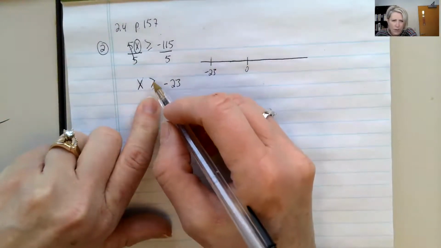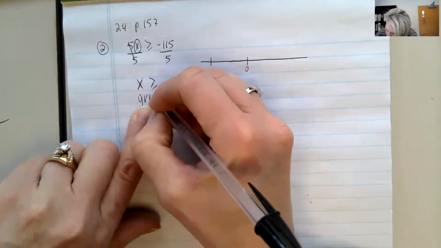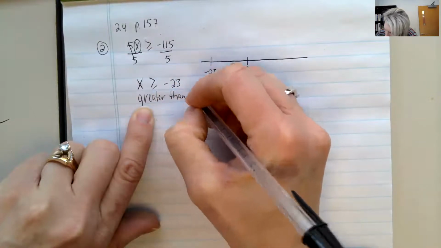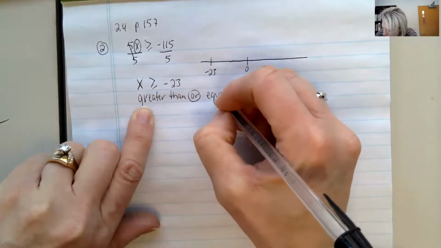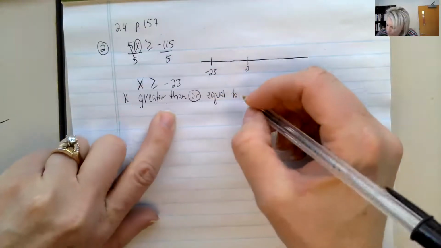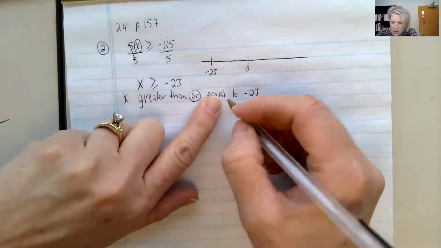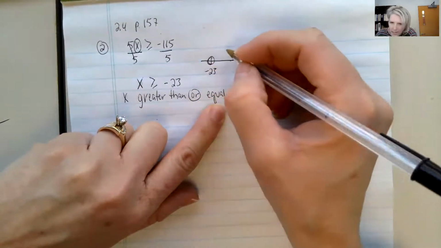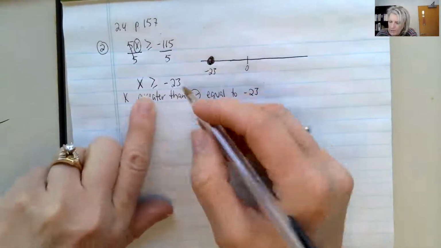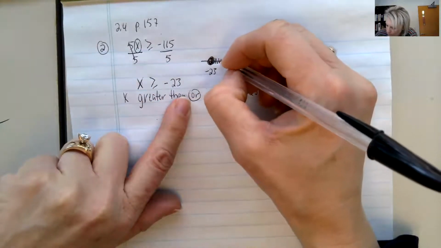Because it's greater than or equal to, let's write that out. So x is greater than or equal to negative 23. Because it's the equal to, when we put a circle on negative 23, we're going to color in the circle. And because x is going to be greater than or equal to negative 23, it's going to be everything to the right.